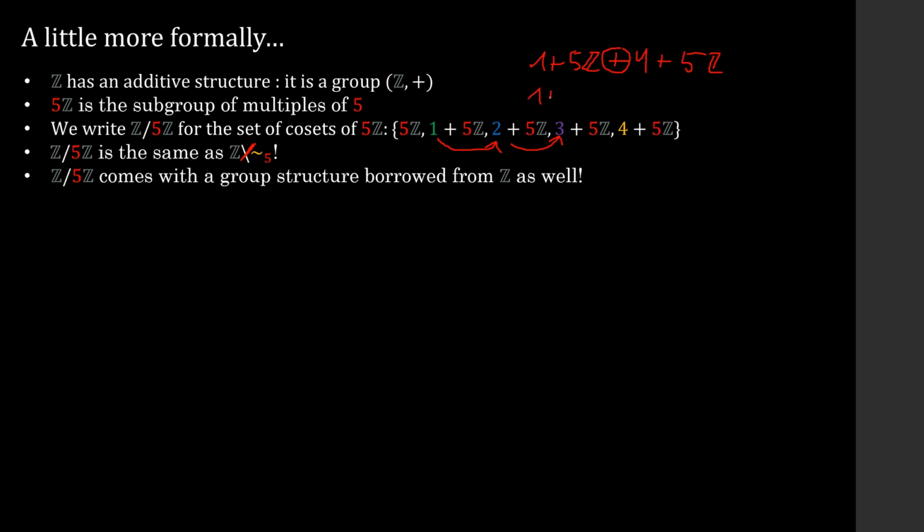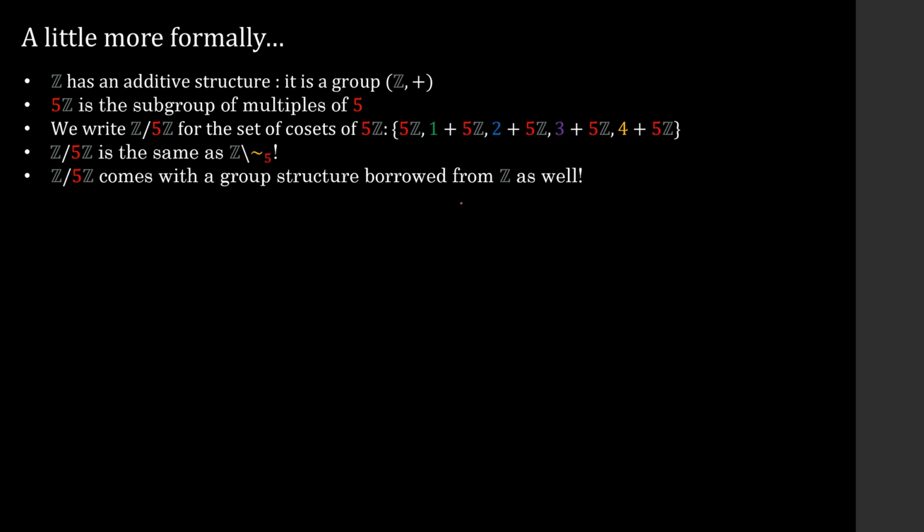Well, that was just 1 plus 4 plus 5Z, which was equal to 5 plus 5Z, which is equal to 0 plus 5Z, which is equal to 5Z itself. Okay? So that's why we get this new kind of cyclic operation.